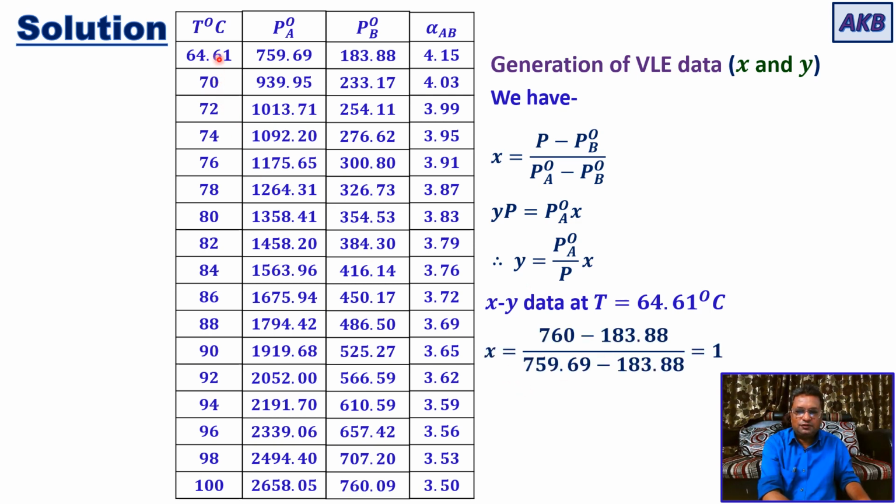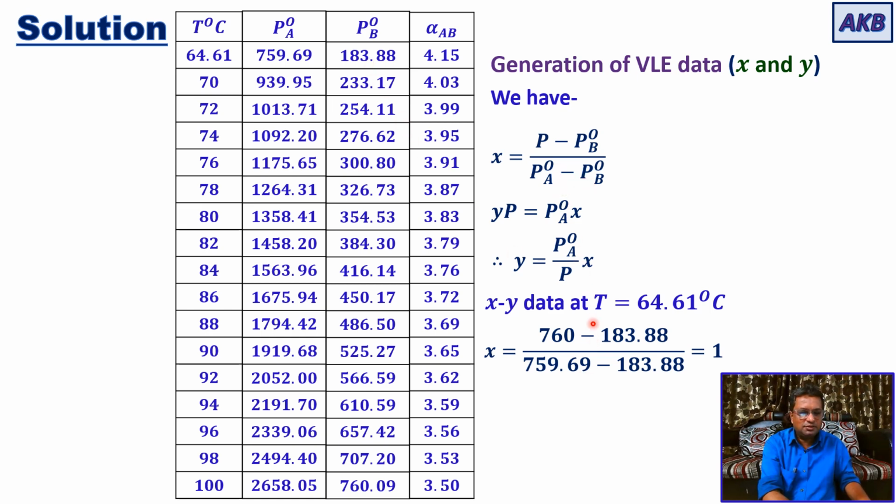At 64.61 degrees Celsius, the total pressure is 760 mm of Hg. PB naught is 183.88, so I have used that, divided by PA naught. PA naught is 759.69, so 759.69 minus PB naught.